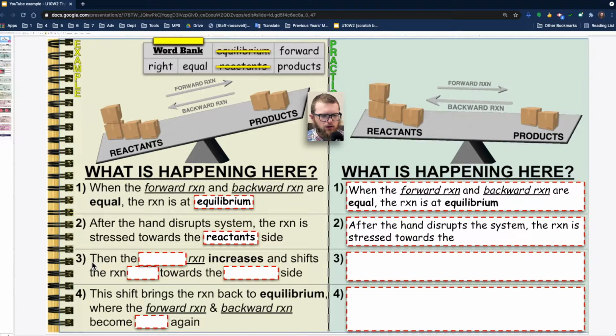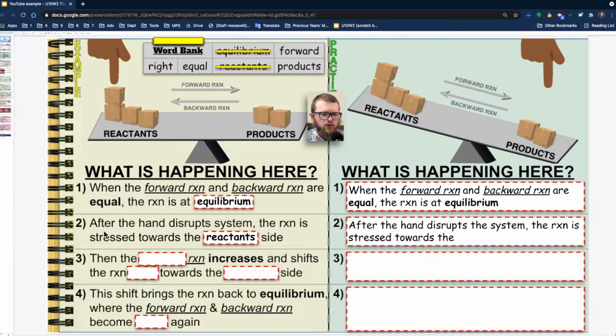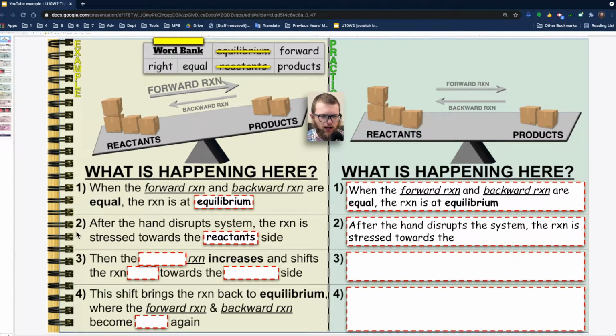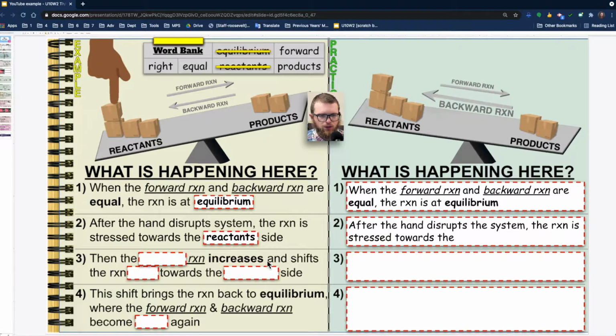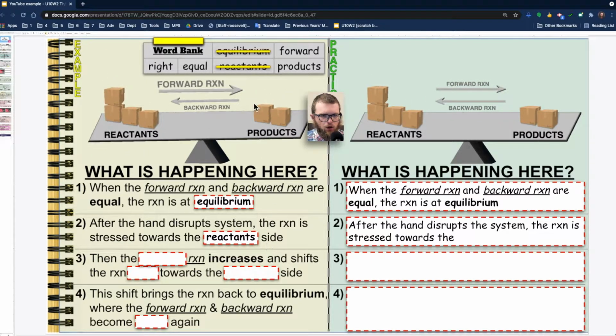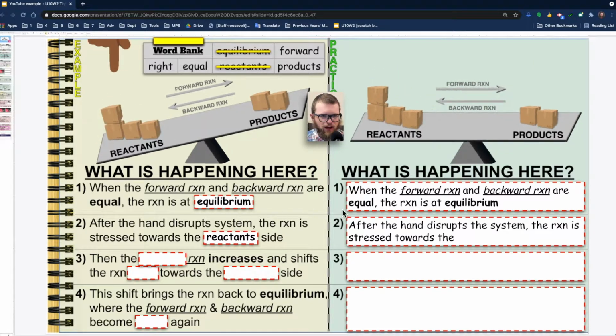So then, after the hand disrupts the system, the reaction is stressed towards the reactant side. Then the blank reaction increases. Okay, which reaction is increasing, the forward reaction or the backward reaction after the hand leaves?